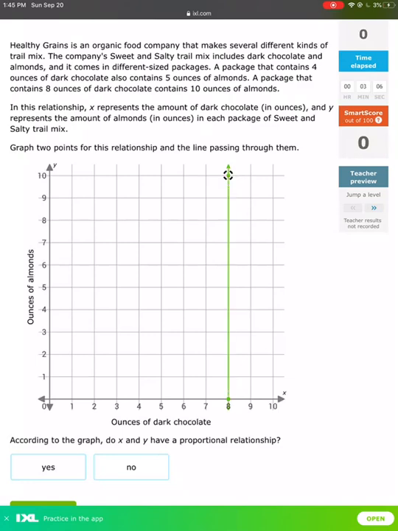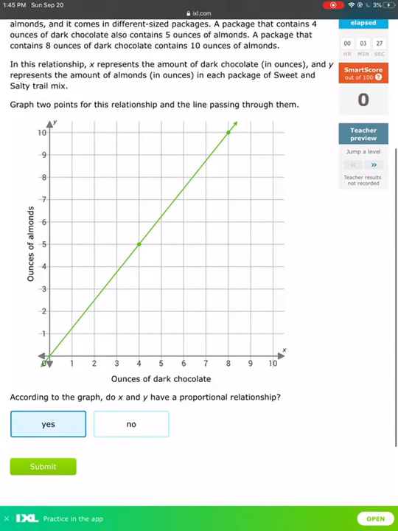Okay, this one here needs to go 4, 5. There. Okay, so here's my line. So I have 4, 5, and 8, 10. Does this pass through my origin? Yes, so that means these points are proportional to each other. Okay, so we hit yes, and we hit submit.